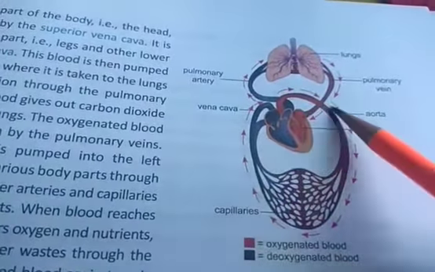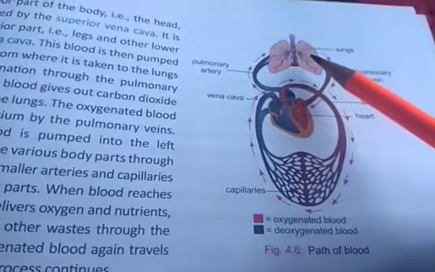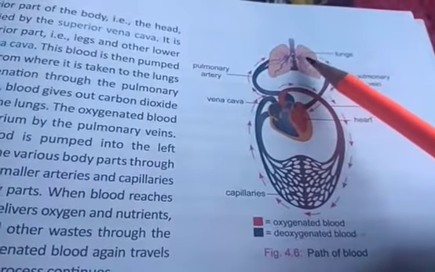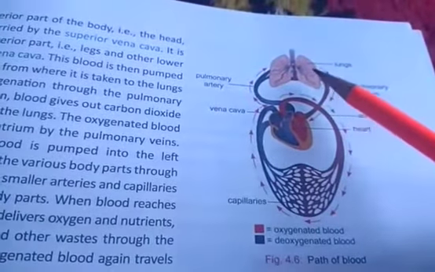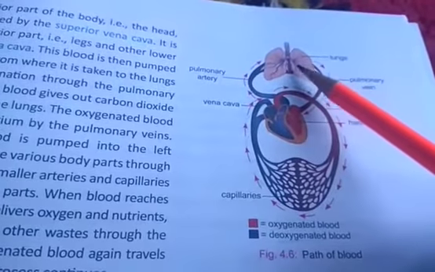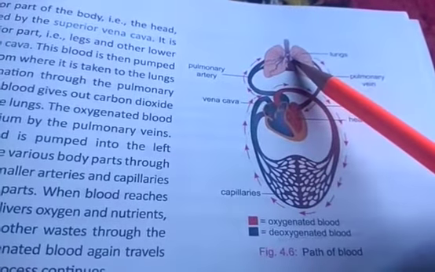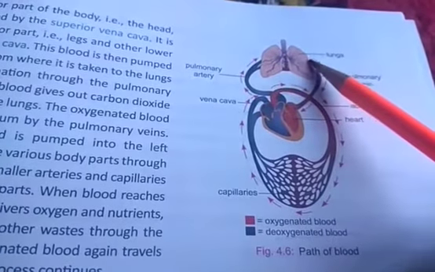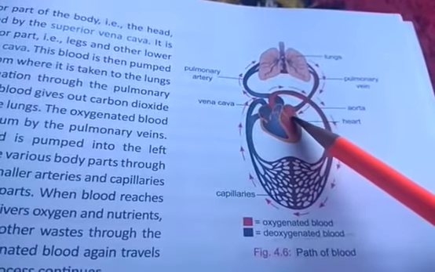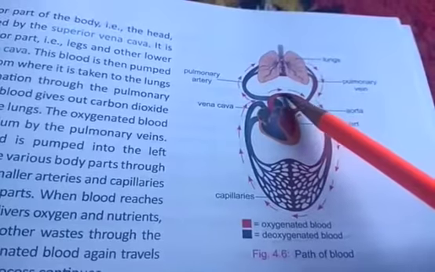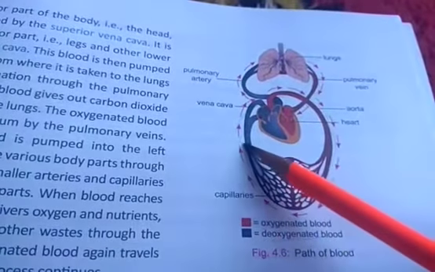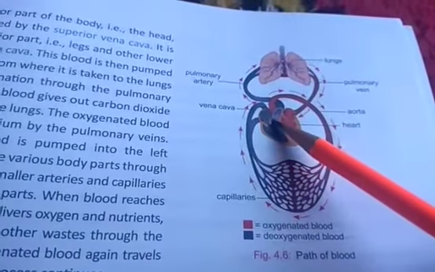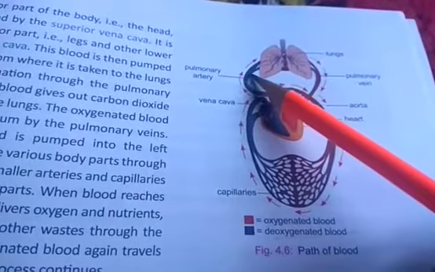Now students, you see that if this blood circulation cycle starts from the heart, we see that blood is passing two times from the heart, and then it passes to the lungs again.